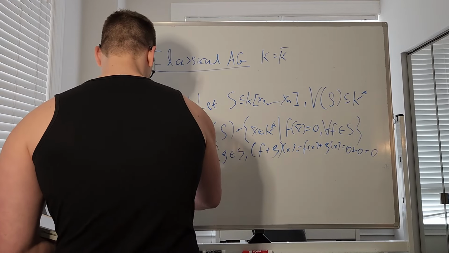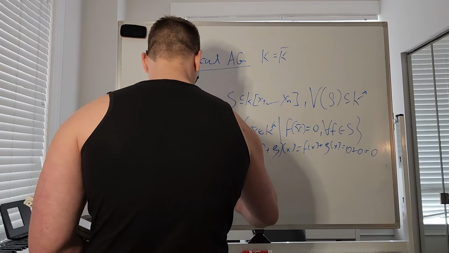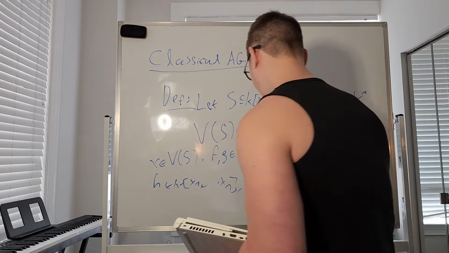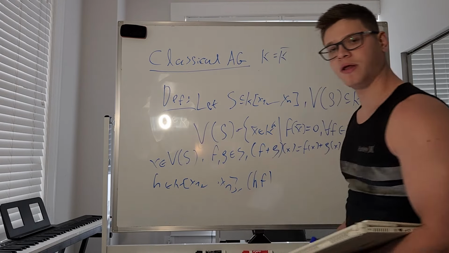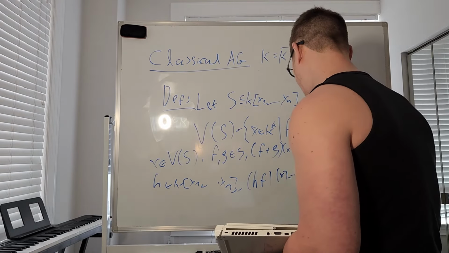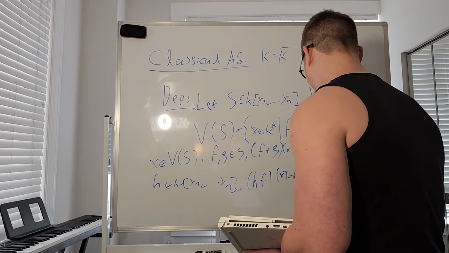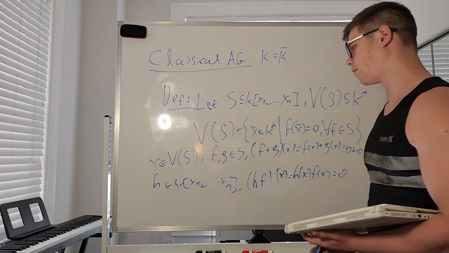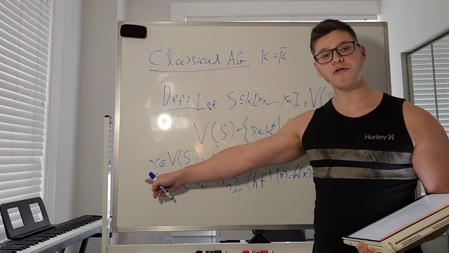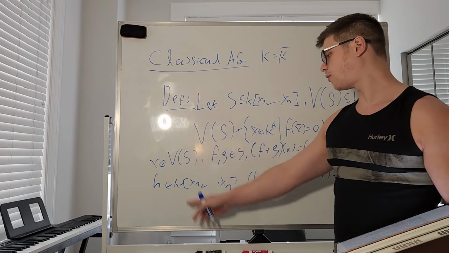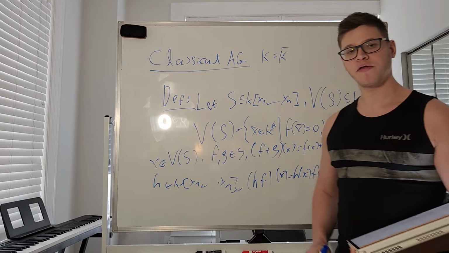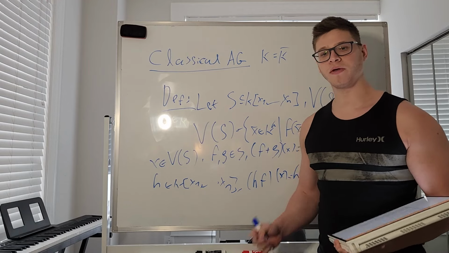Similarly, if we have h, a multivariable polynomial, then (h·f)(x), that's just h(x) times f(x), this is also 0. So x is also a zero of h times f. So multiplication by an arbitrary polynomial.